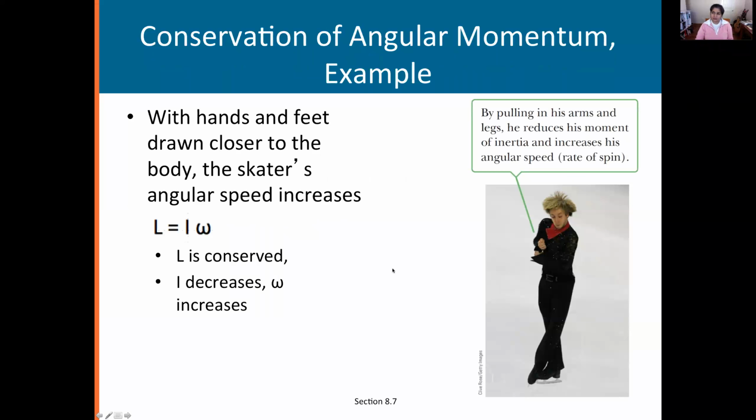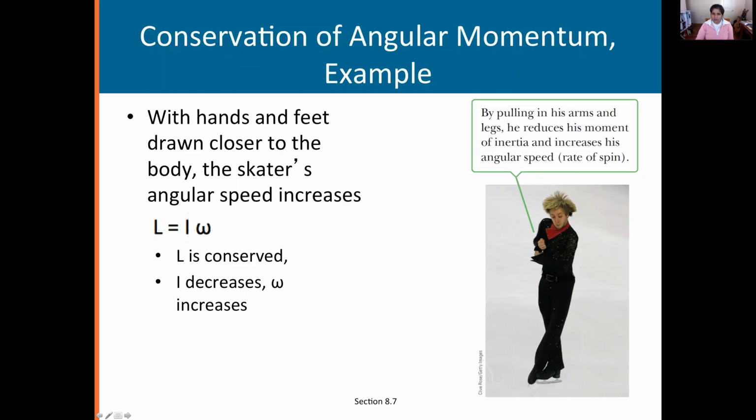You might have seen this on television in skating competitions, that if a skater is going into a spin, they try to bring their body in. So he has brought his arms in, he has brought his legs in as much as possible to his axis of rotation. Where is the axis of rotation? It's going top down like this, centered about some point, and he's going to spin around that point.